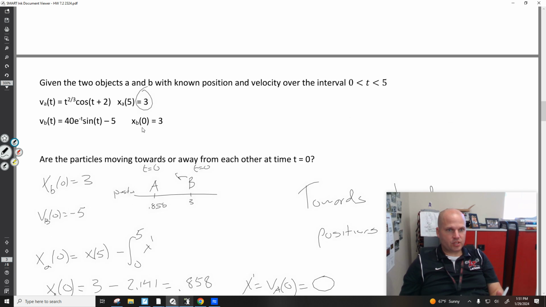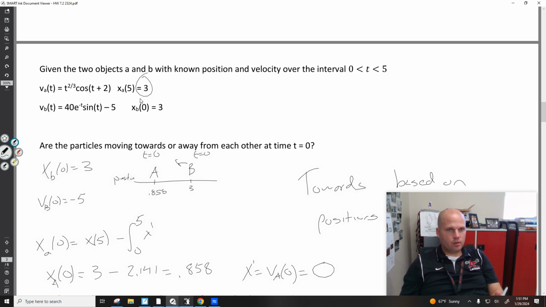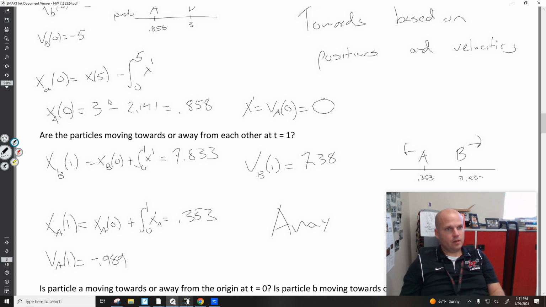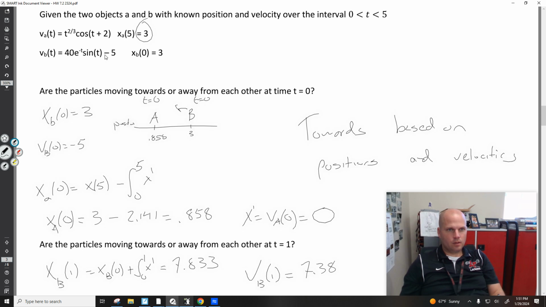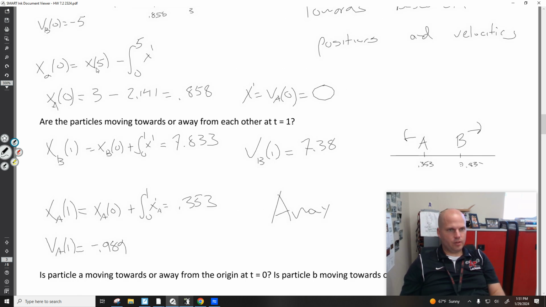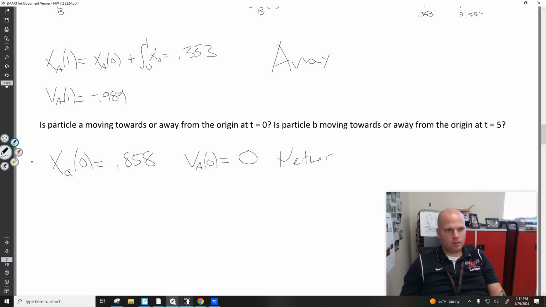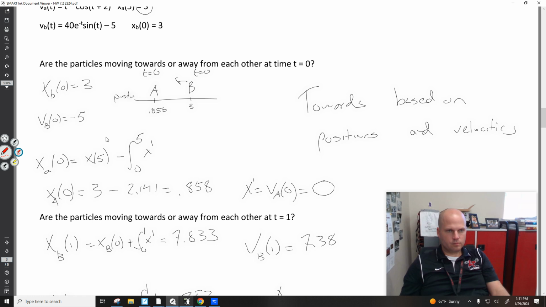B's position at 5 I didn't find. Okay, I'm getting all screwed up. No. A at 0. Here's A at 0. B at 5.